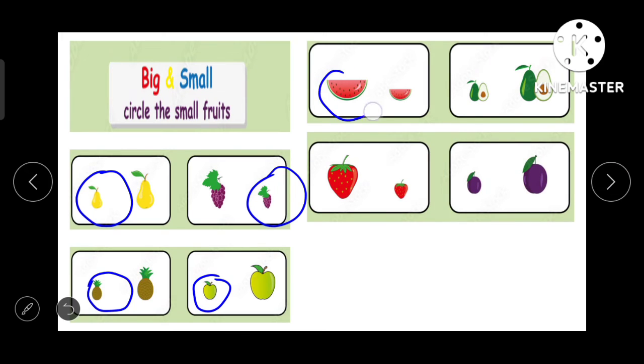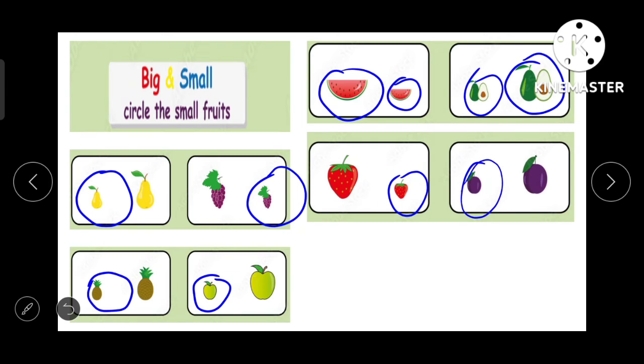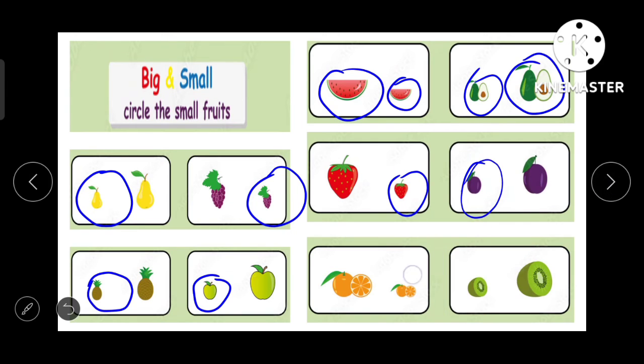Here now this is big, this is big, this one is small. What we have to circle is this one. This one is small, this one is small. In this, small, small.